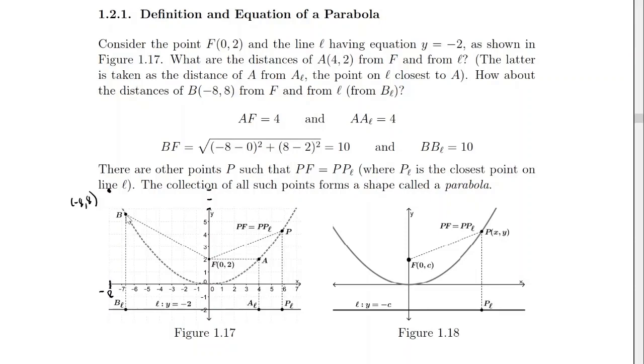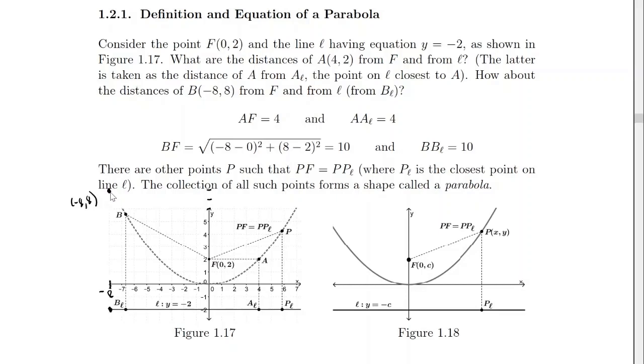This is not (-8, 8), so we have this one. So the question is, what are the distances of point B from F and from L, at this point which is closest to B, on line L?